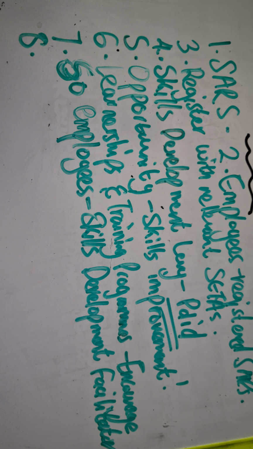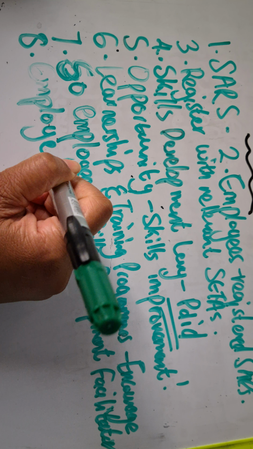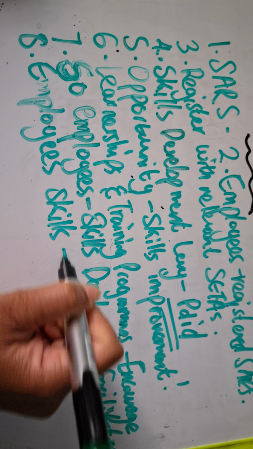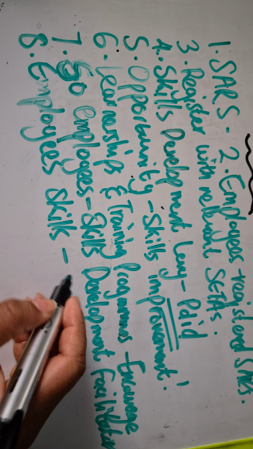Number 8 of how a business can comply with the Skills Development Act. A business needs to take a look at its employees' skills, so they can determine where it's necessary for skills to be developed.